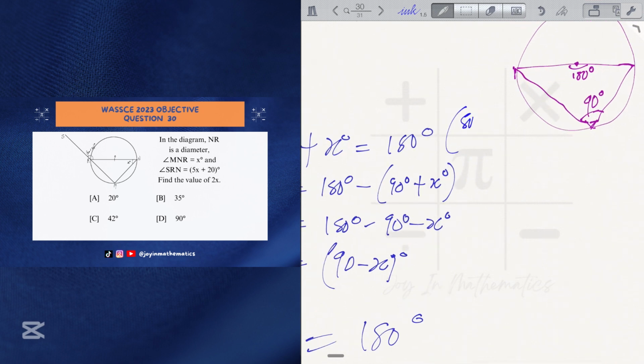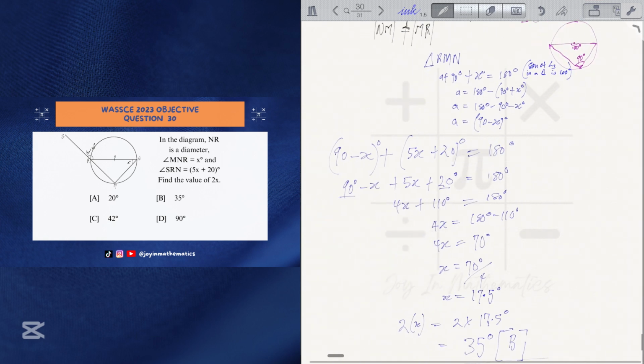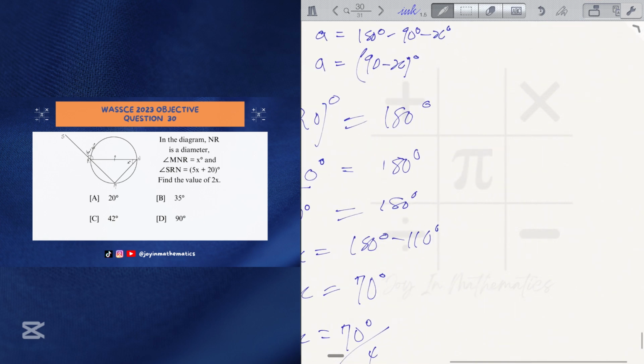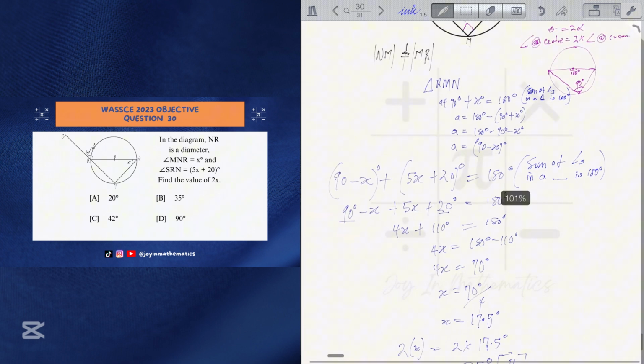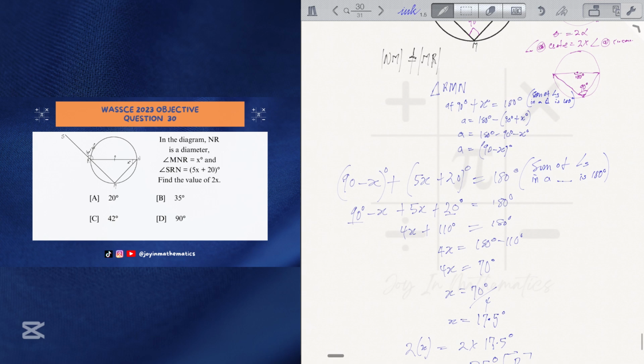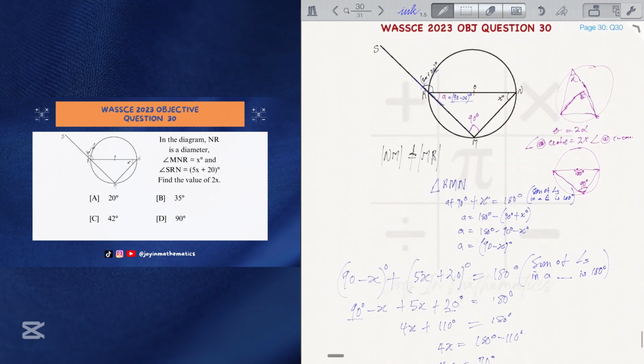Sum of angles in a triangle is 180 degrees, and here we applied that the sum of angles in a straight line is 180 degrees. Sum of angles in a straight line is 180 degrees. So with this we're able to find the value of 2x to be equal to 35 degrees. So this explains everything.